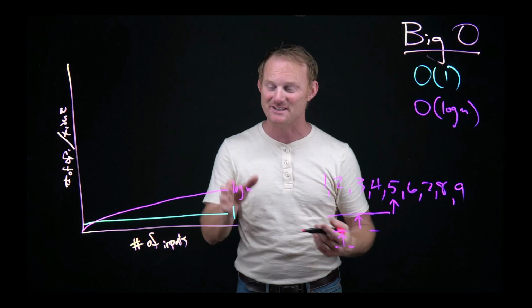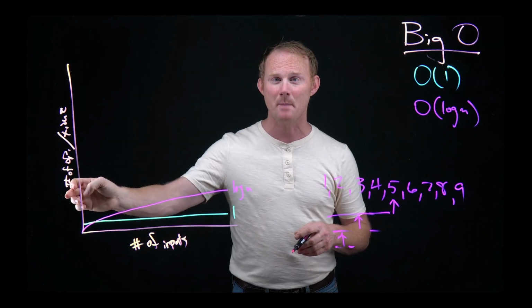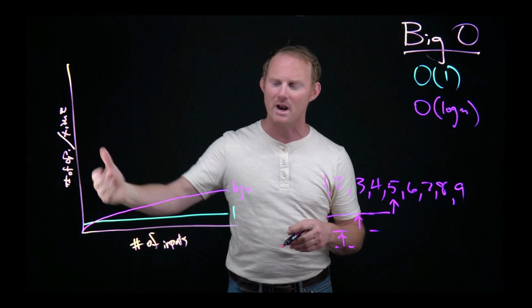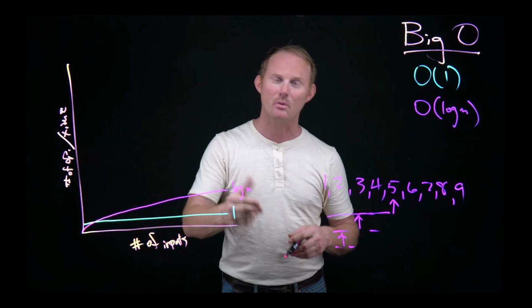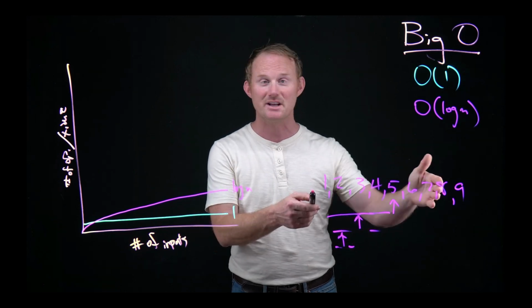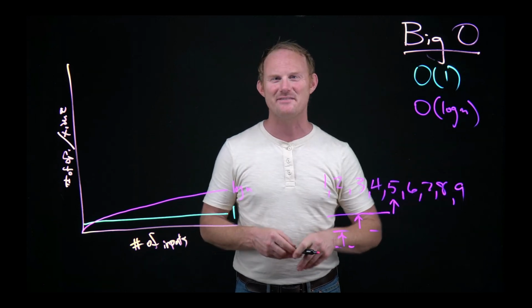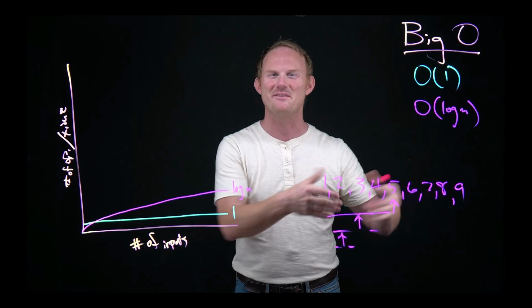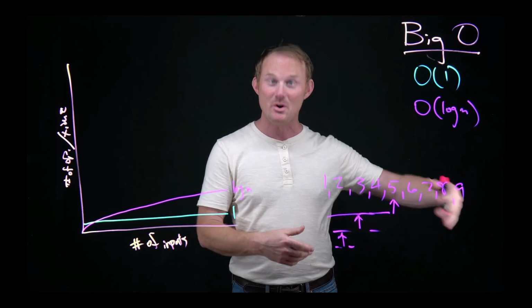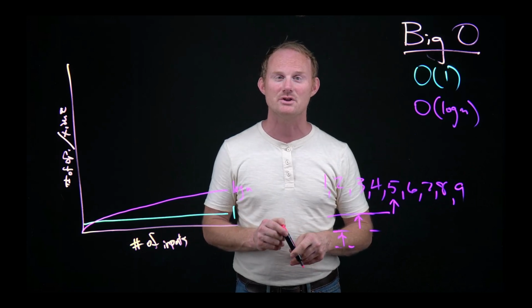The good thing here is that log n means in order to go up just one number, right, one unit of time or one operation, you have to double the number of elements that you've got. So this is going to be the same all the way out to 15, not until 16, because that's a factor of 2, and that's when you're dividing, you're splitting them in half. You have to increase out to 16 before you need even one more operation.